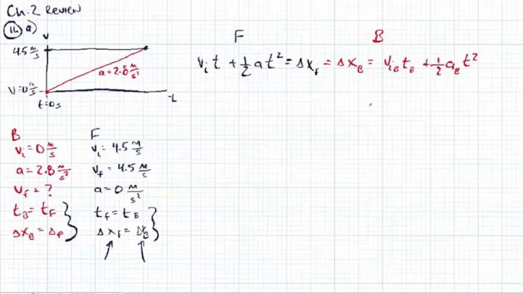Well, parts of this are going to cancel out already because we're going to find that some of these equal 0 and are going to drop out. For example, what's the initial velocity of the friend? It's going to be 4.5 meters per second times time. And at this point, I'm not going to write time B for bicyclist or time F for friend because they're both the same anyway. They're equal to each other.